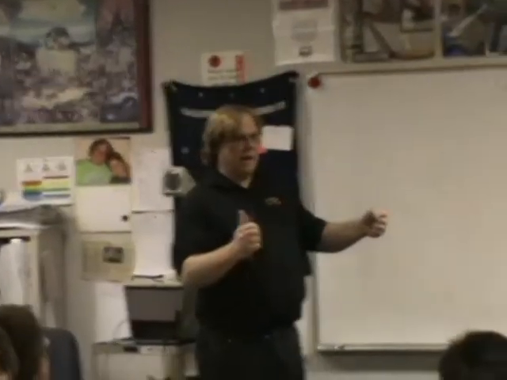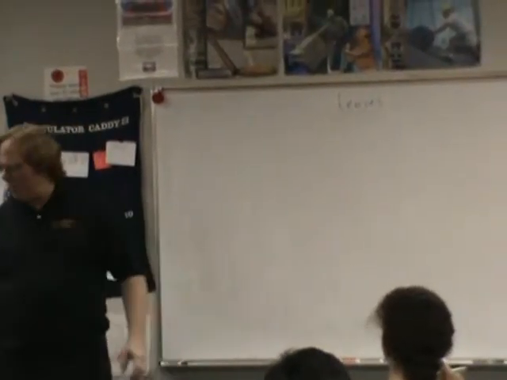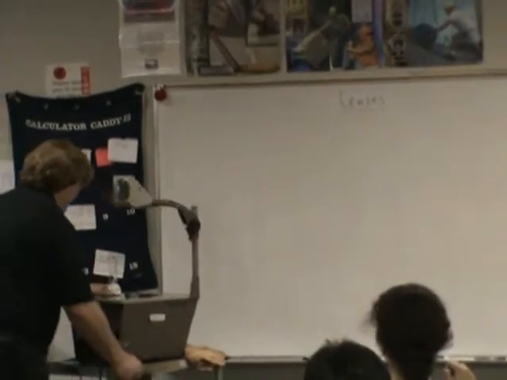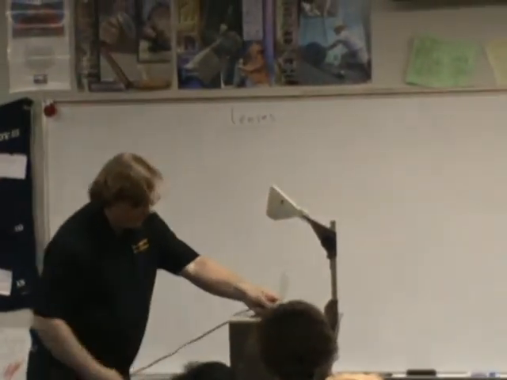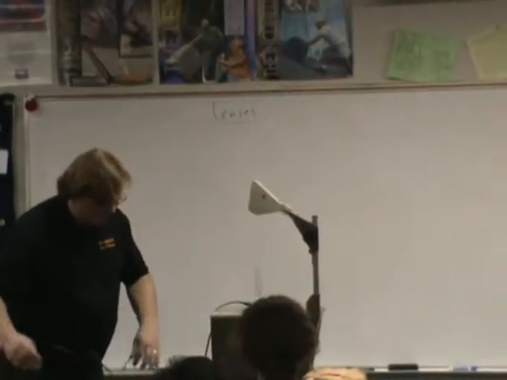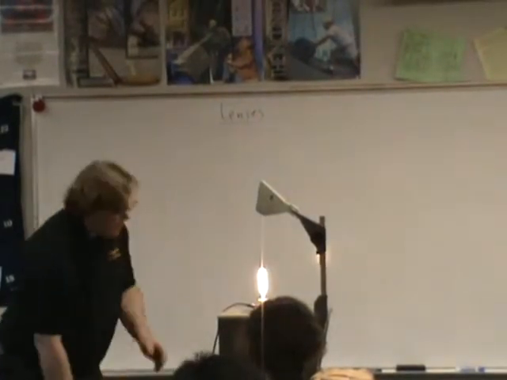A mirror is not the only thing I can use to have an object and then to create an image. We can also use a lens. Let me show you. Here's my object.